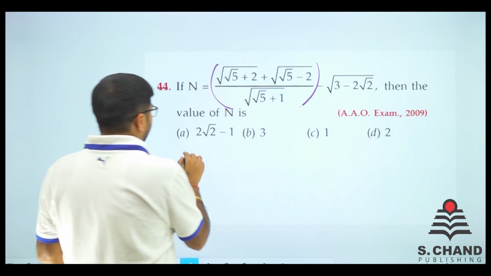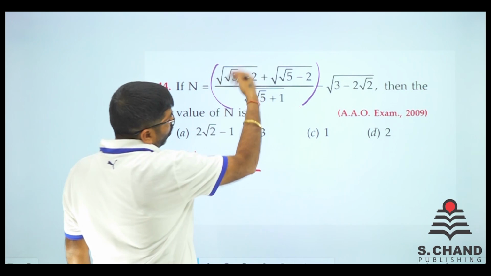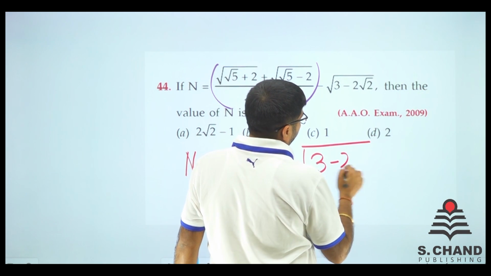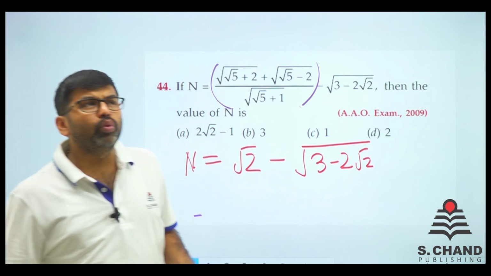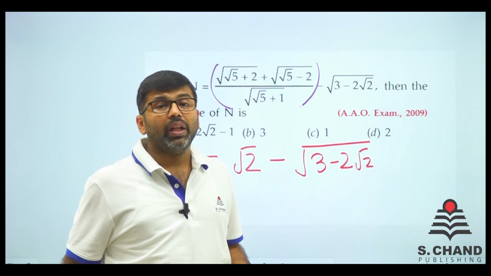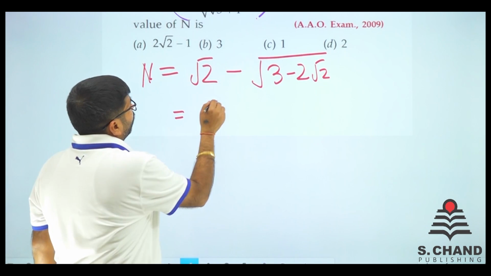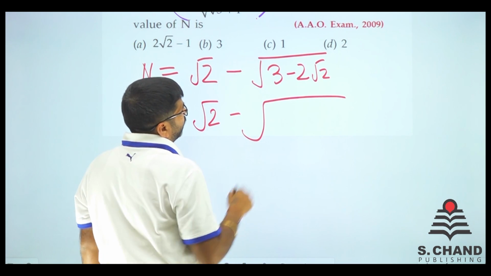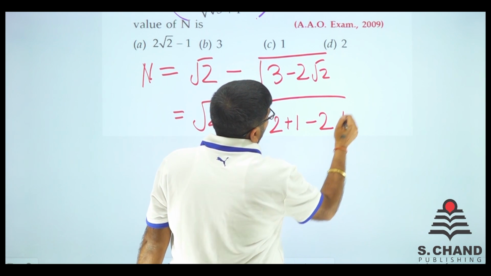Now n is equal to, see this, root 2 minus 3 minus 2 root 2. Now this 2 root 2, if you can do something for this, that will be a very good thing for you. What I'll do is solve this part first. We will put a whole part. 3 can be written as 2 plus 1 minus 2 root 2.